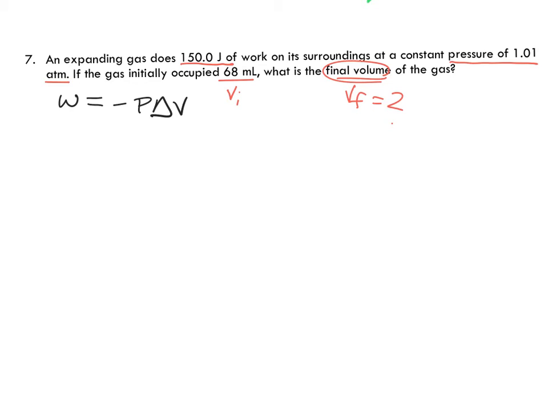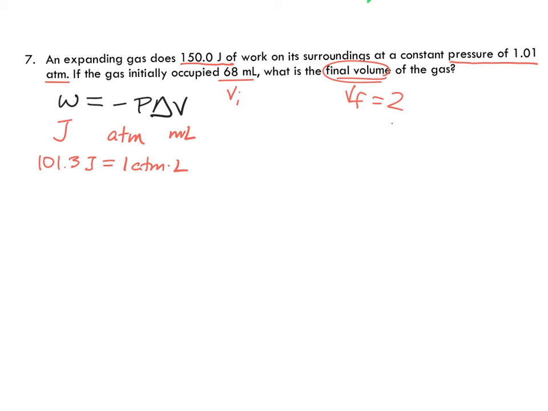All right, when we plug this all in, we're going to have to really think about what's going to happen with our units here. So work we have in joules. Pressure is going to be in atm, and right now volume is in milliliters. None of this is going to work out to make any sense unless we happen to remember from the problem above that 101.3 joules is equal to 1 atm times liters.